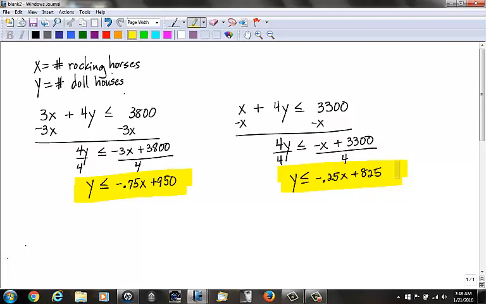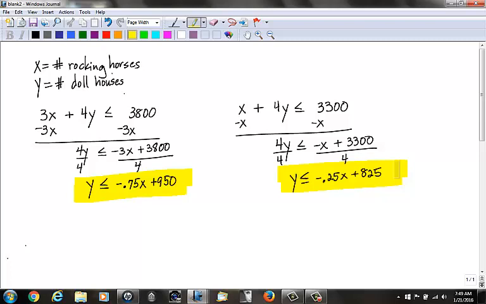Put in a negative 0.25x plus 825. And for right now, let's go ahead and do the window. We know we need our y max. Let's go at least to 1,000. And I'm going to do the y min at negative 100, just so I can see the points of intersection. And the y scale, I really don't care about the tick marks, so turn the tick marks off, make that y scale 0. Okay, and for the x, we'll get to that in a minute.